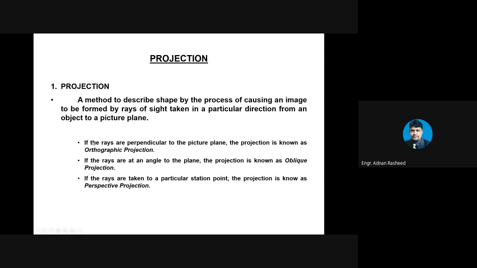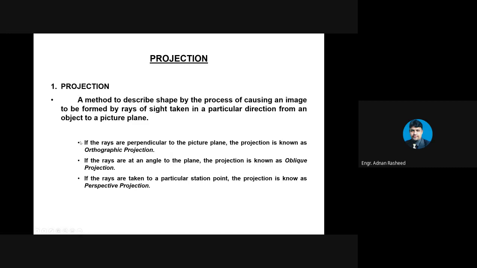Again, projection is a method to describe shape by the process of causing an image to be formed by rays of sight taken in a particular direction from an object to a picture plane.